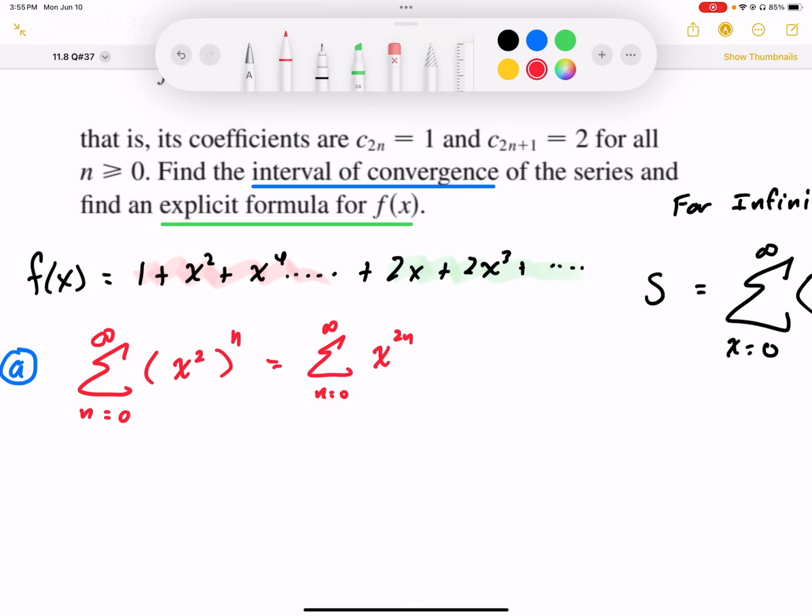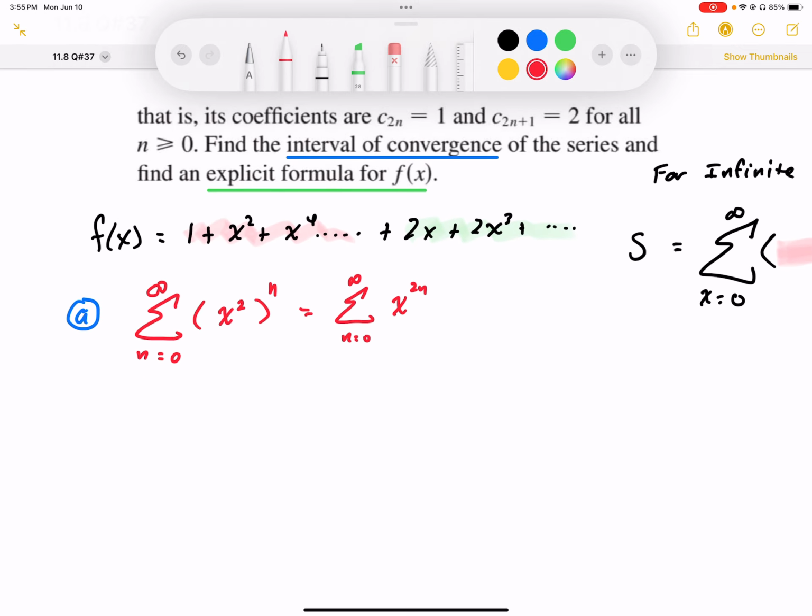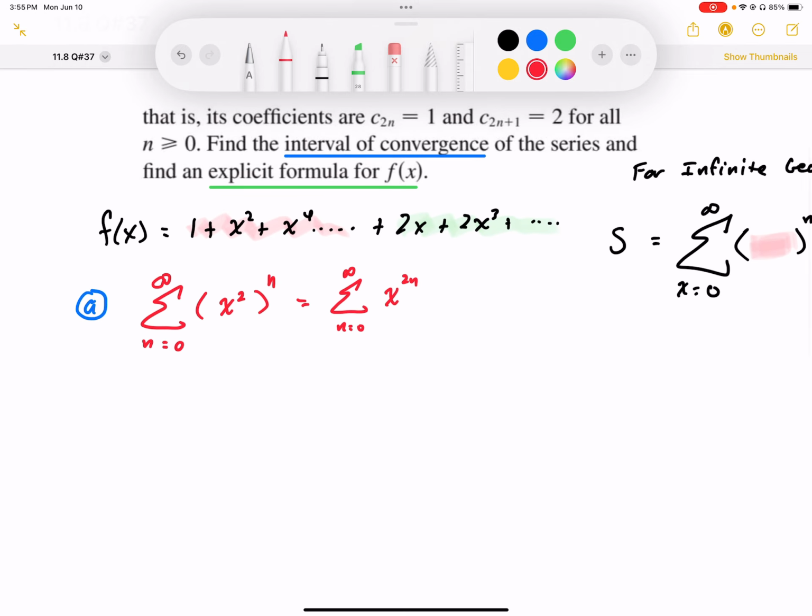Now we can use that for part of our series formula, which we could then put into a ratio test, which we need for the interval of convergence. We need a series formula for the other part as well. For the green part, they all have a coefficient of 2, and they are odd powers, so we're going to write it as 2n plus 1.